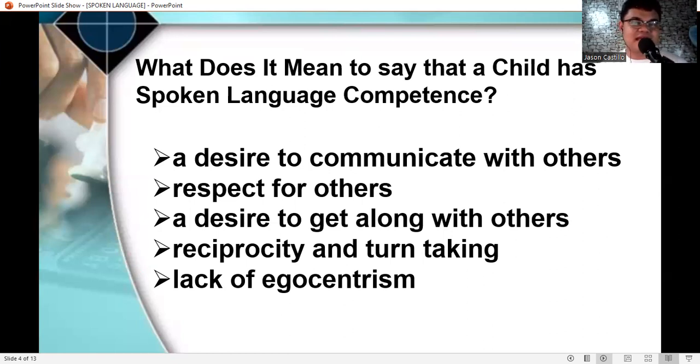So it means to say that a child has a spoken language competence if he knows how to socialize with others. This paper mentioned that a child has spoken language competence if he also has social competence. So these are the things mentioned in the paper of Burns and Wasik on how we are going to determine if the child has this spoken language competence.